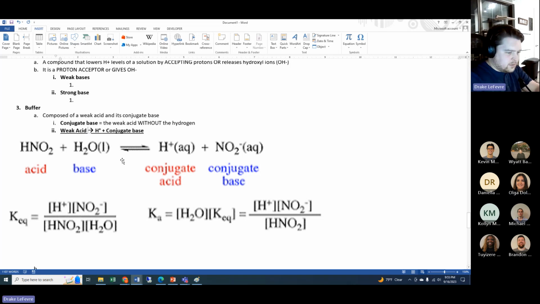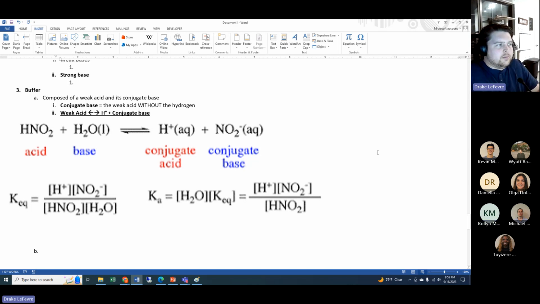And technically this would also be an arrow going both ways. So the weak acid turns into the free hydrogen and conjugate base, and then the conjugate base will combine with more hydrogen and go back to the weak acid, back and forth, just at different rates, until eventually it reaches an equilibrium point. At equilibrium, the same amount of acid is going one way as the conjugate base is going the other way.